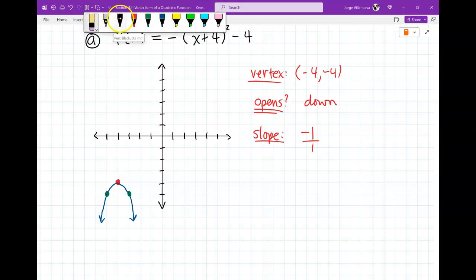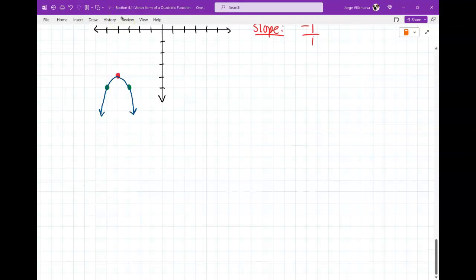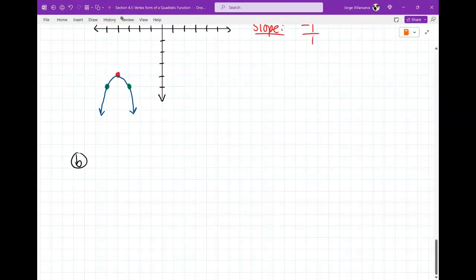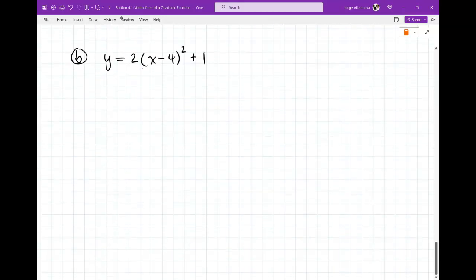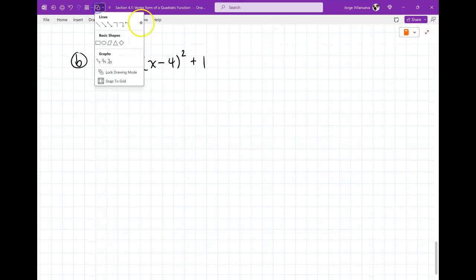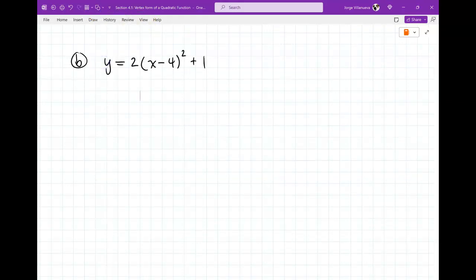So let's do one more, and then we're done. So f of x, actually this one they called it y. So we'll use y equals 2 times x minus 4 quantity squared plus 1. Again, I'm just going to draw a decent sized graph to make sure what I want to draw fits. For you guys, your graph should fit just fine.